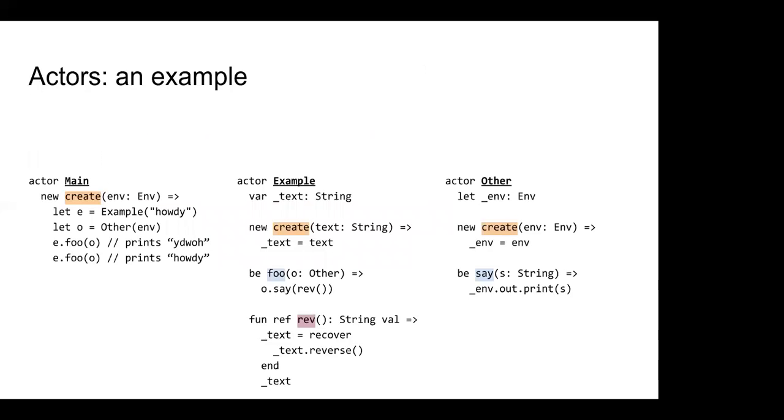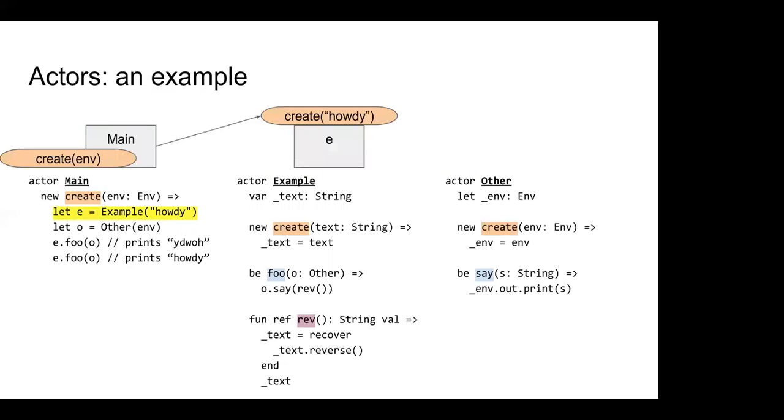So here's an actor example, and you'll notice it looks a lot like the object example, but now instead of having classes, we have actors. It starts out the same way. We create a main actor, and the runtime passes it a create message. And so the actor handles create. The first thing it does is create an example actor.